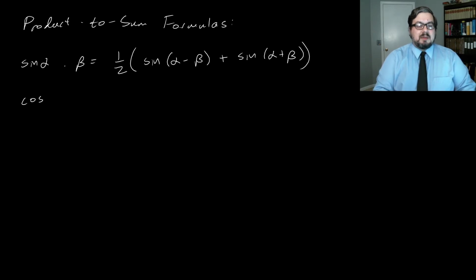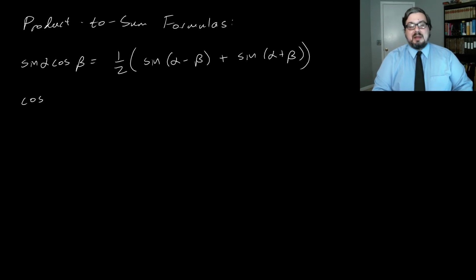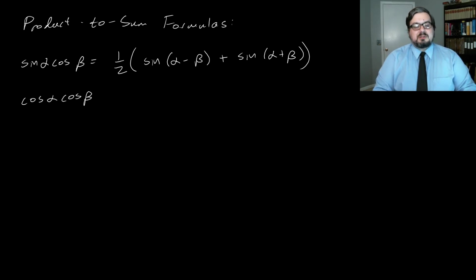I'm sorry, and I miswrote that first line. This should be sine alpha cosine beta. That was the first one we did. Then if we have cosine alpha times cosine beta, this is going to be 1/2 times cosine alpha minus beta plus cosine alpha plus beta.